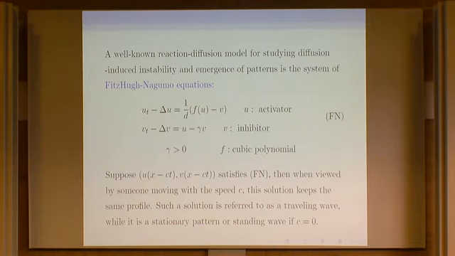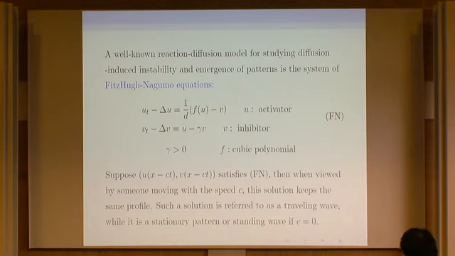So let me just give the idea of the picture of f. This is a cubic polynomial, and here we call it beta. Here is 1. So f of u basically is u times (1 minus u) times (u minus beta).